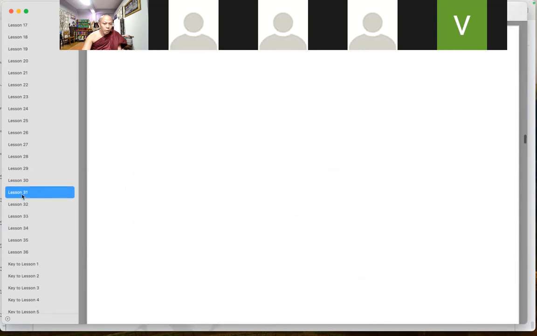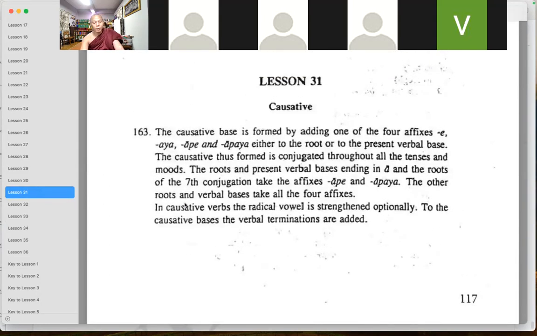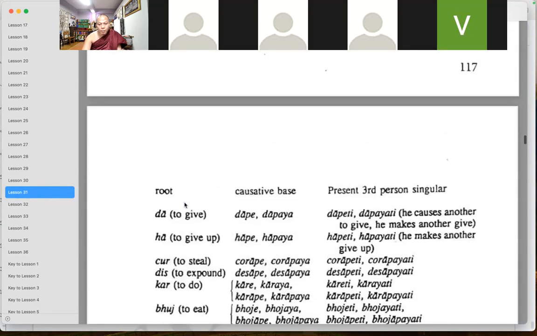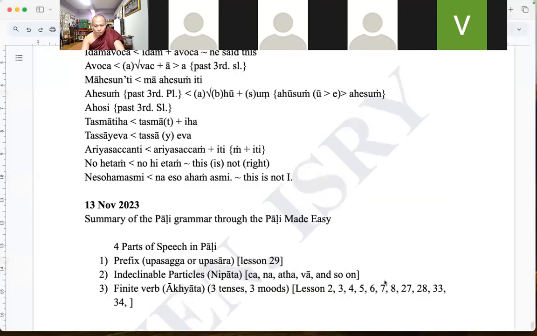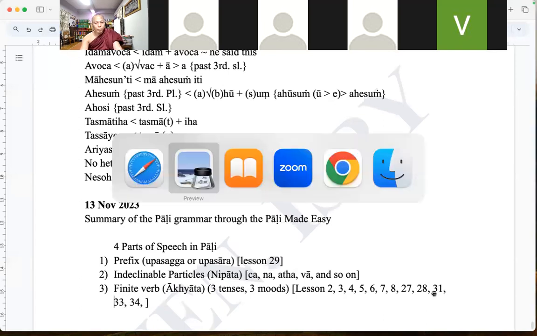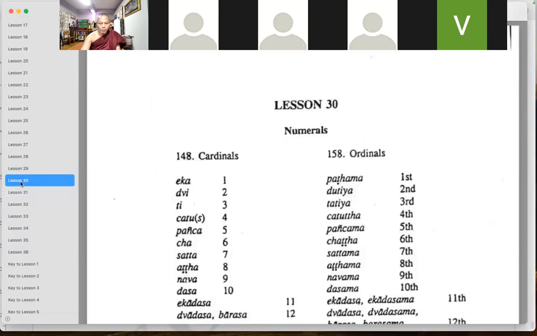Okay, so in lesson 31, yeah, causative, is also a kind of final verb. So lesson 31. And then the complete vowel termination is less than 30.